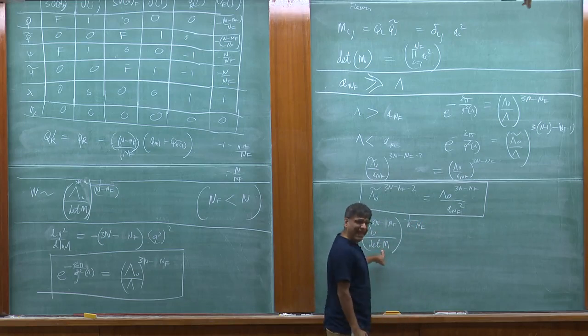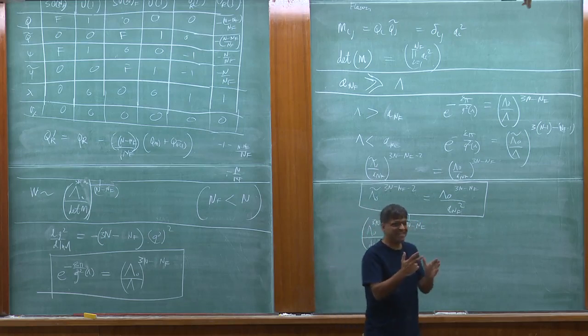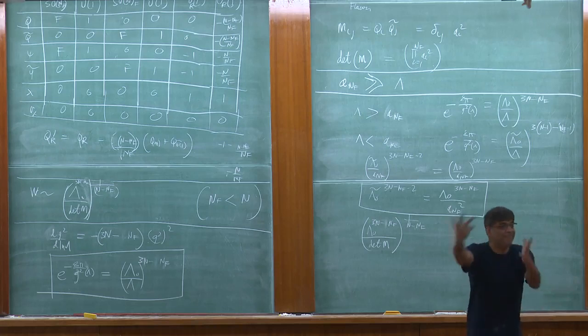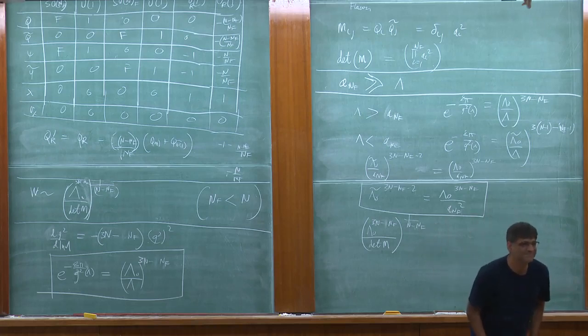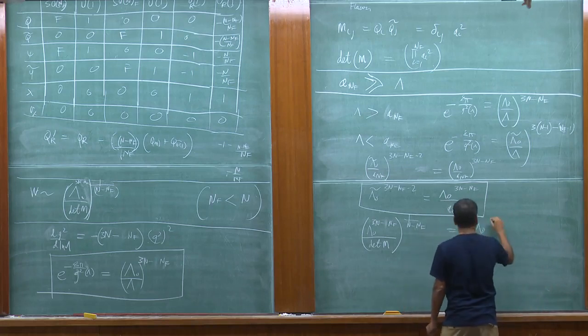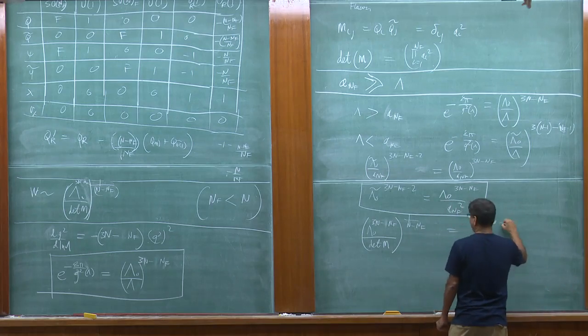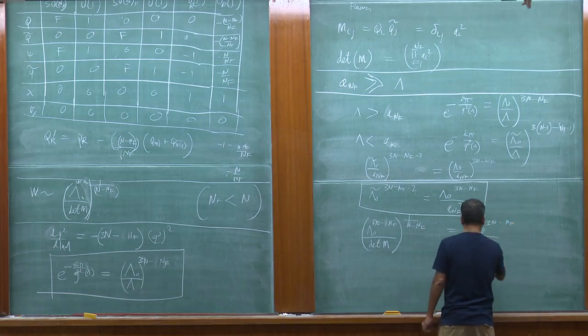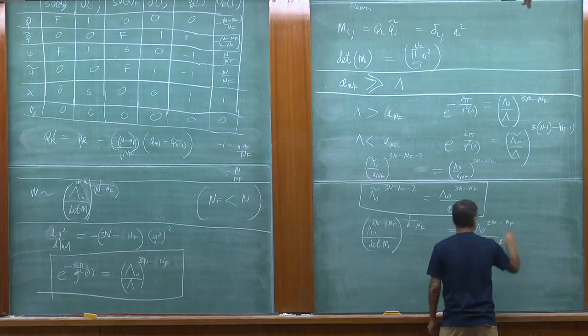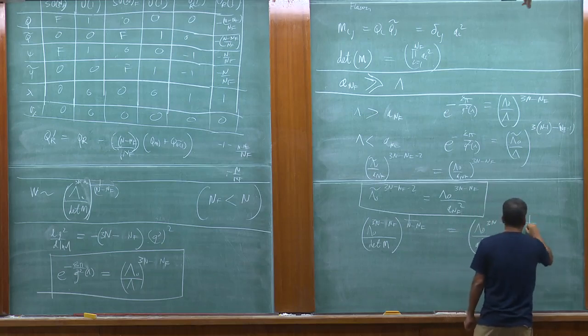I keep making that error, thank you: 3N minus NF. But this det M is just A and F squared times det M tilde. So this is equal to lambda naught to the power 3N minus NF times A and F squared, times det M tilde to the power 1 over N minus NF.